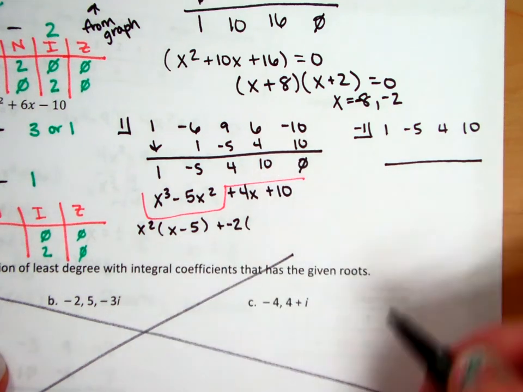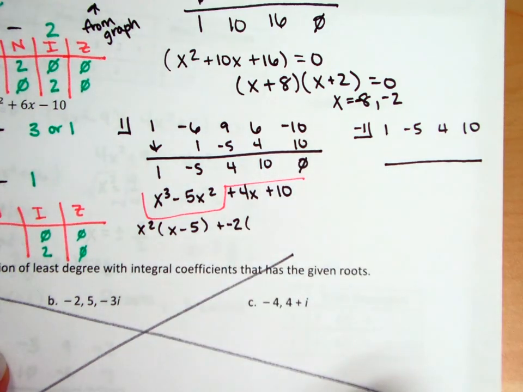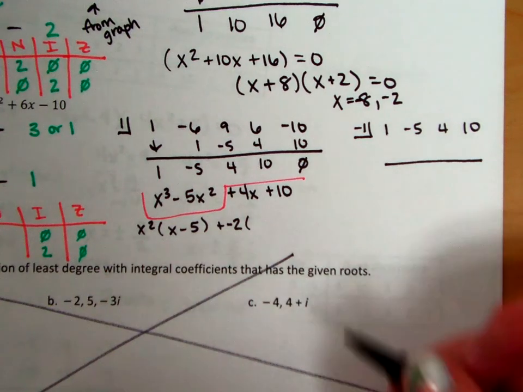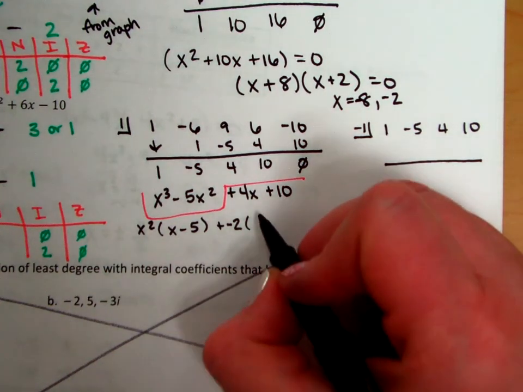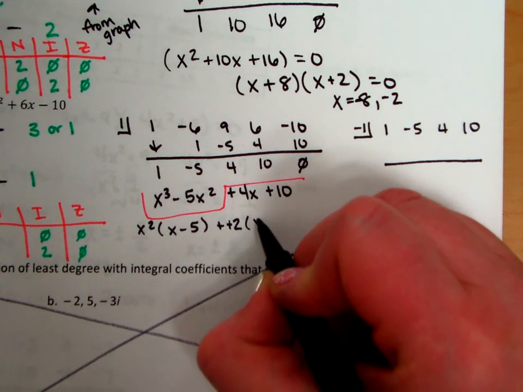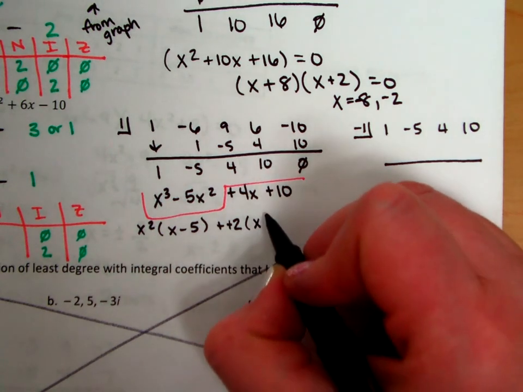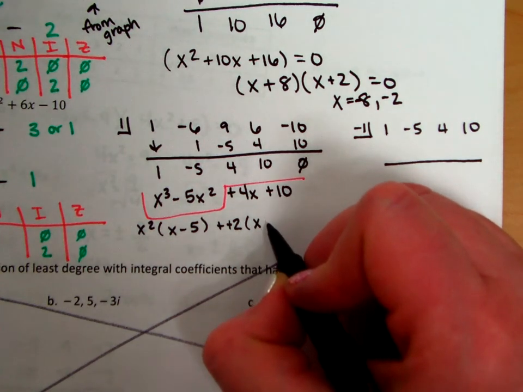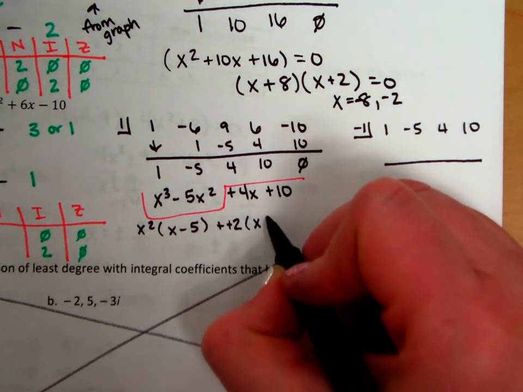Nope, can't factor by grouping. Yes, I can. What can I do? Did I do it right? I did the math right. Oh, I don't get to factor by grouping? This makes me sad. So +2, x, well, technically yes, x, no, because that's where I get my plus 5.